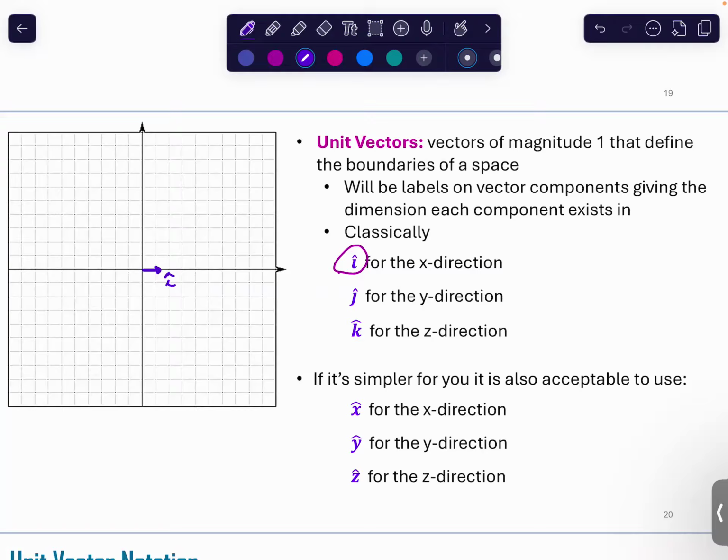If you don't want to remember I and J, just use X and Y, just put the hat on them. Same thing if I'm doing an itty bitty little infinitesimal vector in that direction. That's either J hat or Y hat. So these unit vectors are going to denote the direction you're going in.